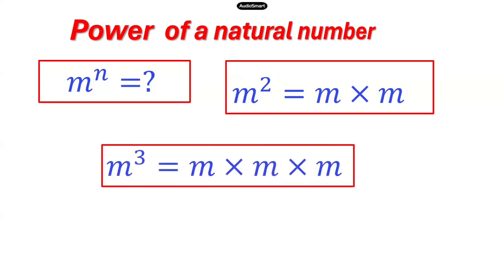Same with m to the power 3, which we also read as the cubic power. So m cubed is equal to m multiplied by m multiplied by m. Now you can replace m by 2, 3, 4, whatever number is given or asked to do.